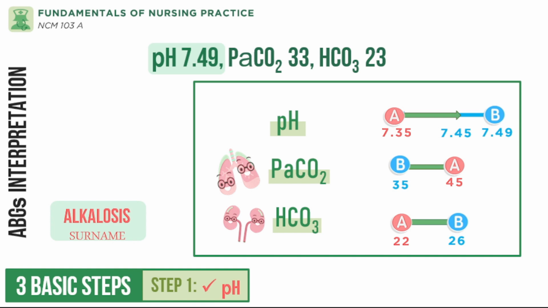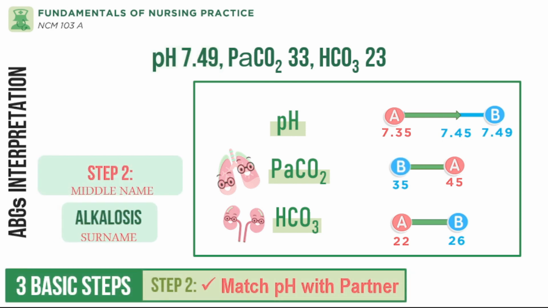Okay, next. Step number 2: match the pH with its partner. If we have 7.49 for our pH, let's take a look at our values. What is the value given for your partial pressure of carbon dioxide? We have 33, and the value for your bicarbonate is 23.